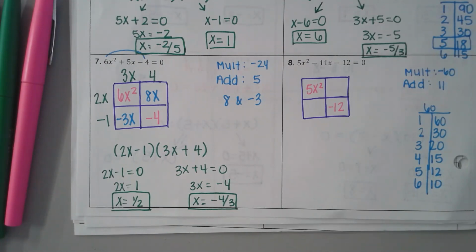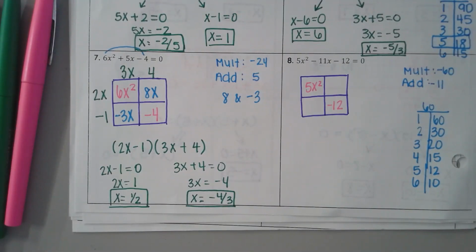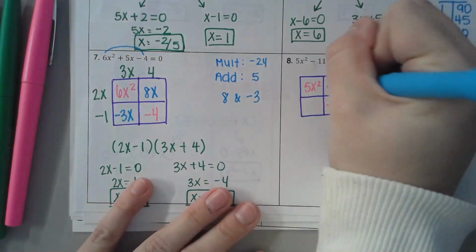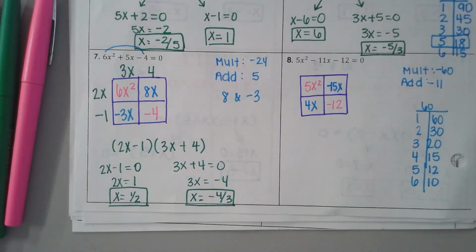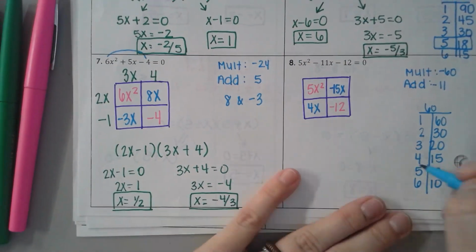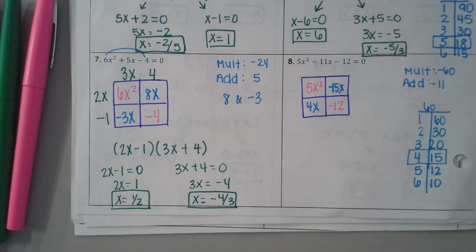What 2 numbers multiply to be -60 and add to be 11? -15. Close. The 4 needs, oh wait, no, that was right. Sorry, I didn't write the negative there. Yep. So it is -15 and 4. Any questions so far?